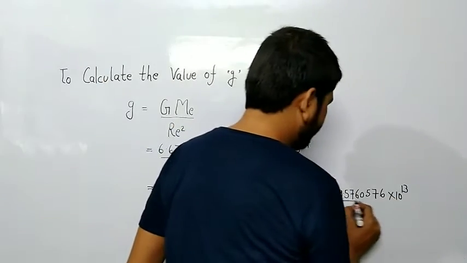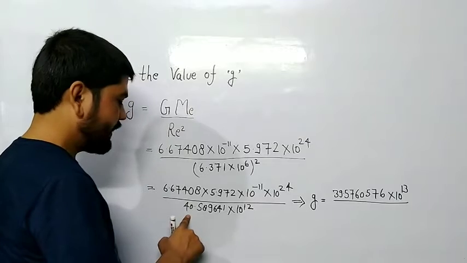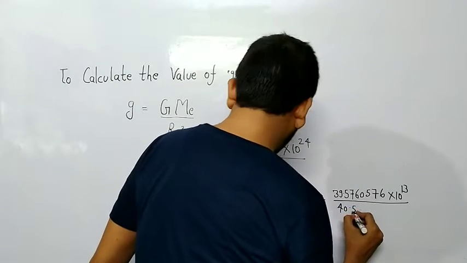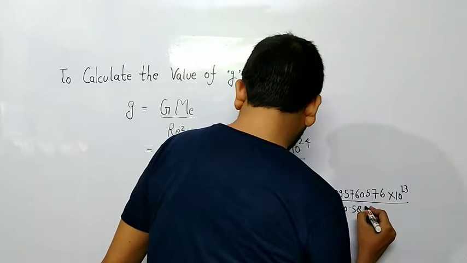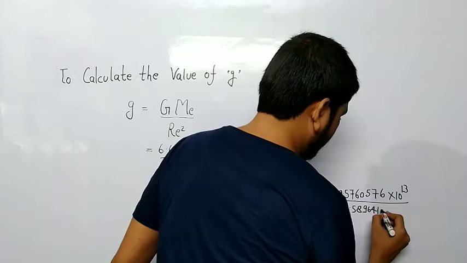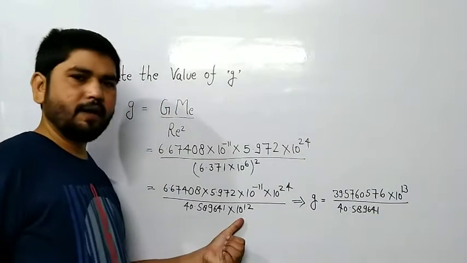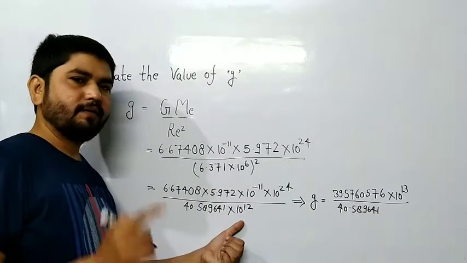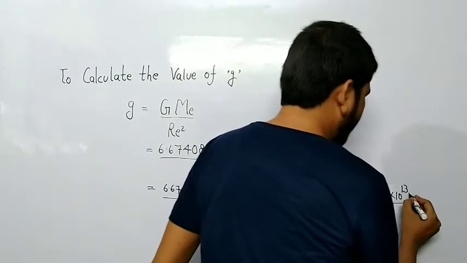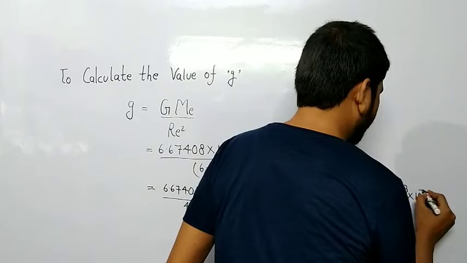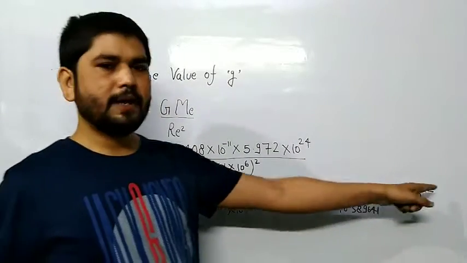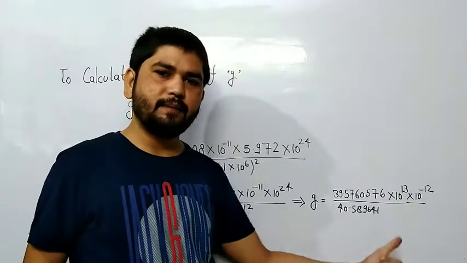So upon 40.589641, and it is 10 to the power 12. It is positive, but when it goes from the denominator to the numerator, it becomes negative, so it is 10 to the power minus 12. Any problem, guys? No. Now 13 minus 12, that is power 1. 10 to the power 1 means 10.